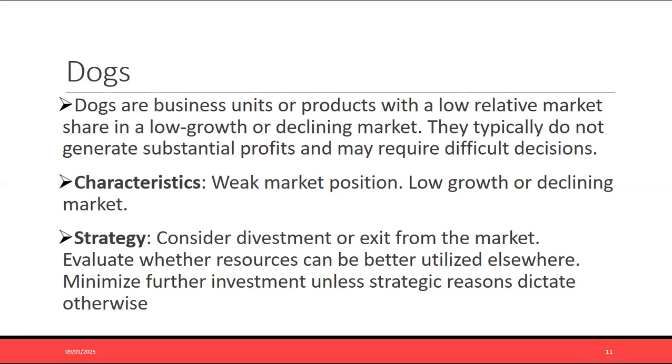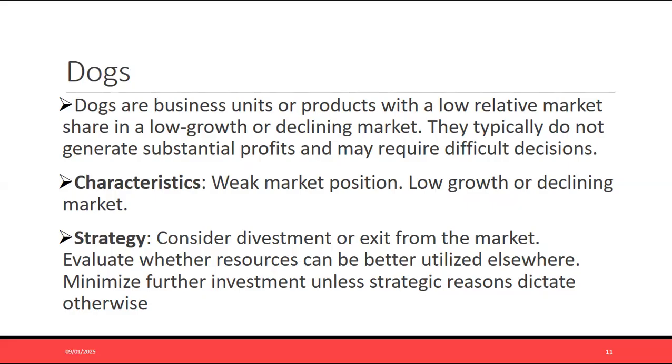They do not generate substantial profit and may require difficult decisions. Okay. And a lot of business units or people don't like getting to this point. But once you get to this point, it means that you have a weak market position and there's also low growth or a declining market.